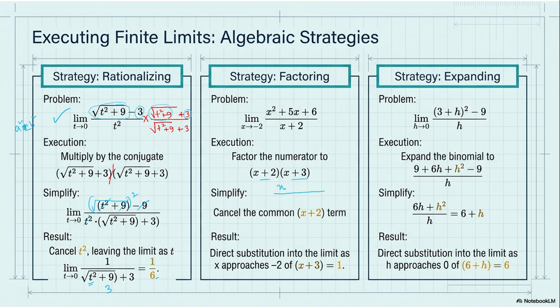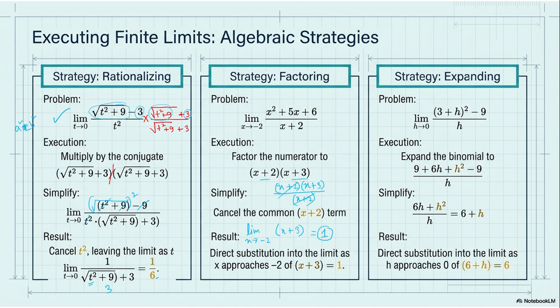That means x plus 2 and x plus 3 by x plus 2, so we can cancel out x plus 2. Then only x plus 3 remains. So limit x tends to negative 2, x plus 3. Now if we put x equals negative 2, then we have 1.